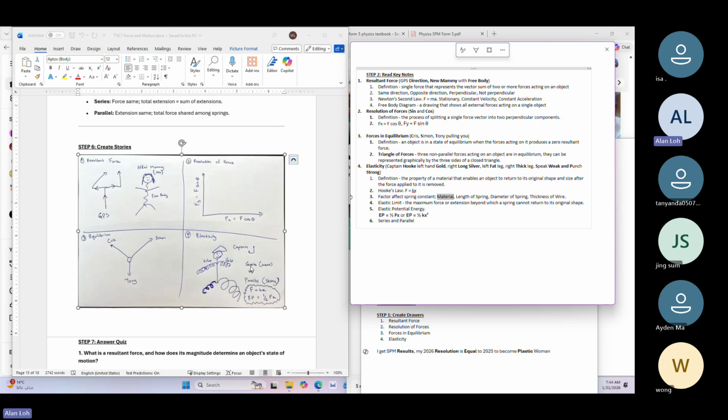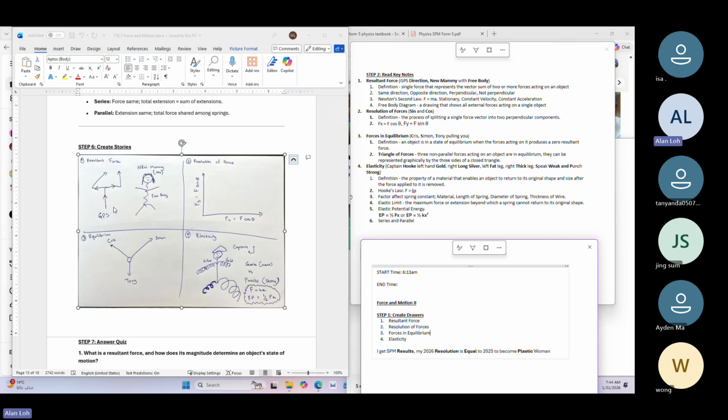Then you have series and parallel. Series and parallel, one is weak, one is strong. Then you have this formula. This formula, you just need to remember. It's easy to remember. Just F equals Kx. And this one, potential energy, equals one half Fx. So this drawing, if you can, draw it, or you can draw it later. It's up to you.